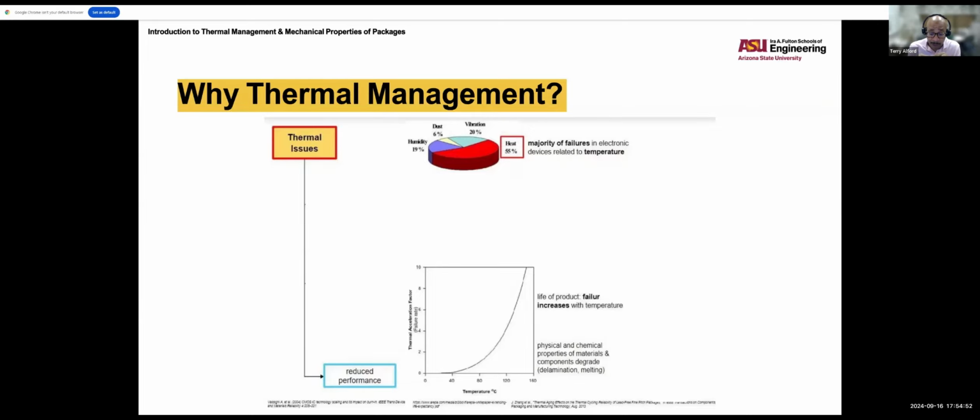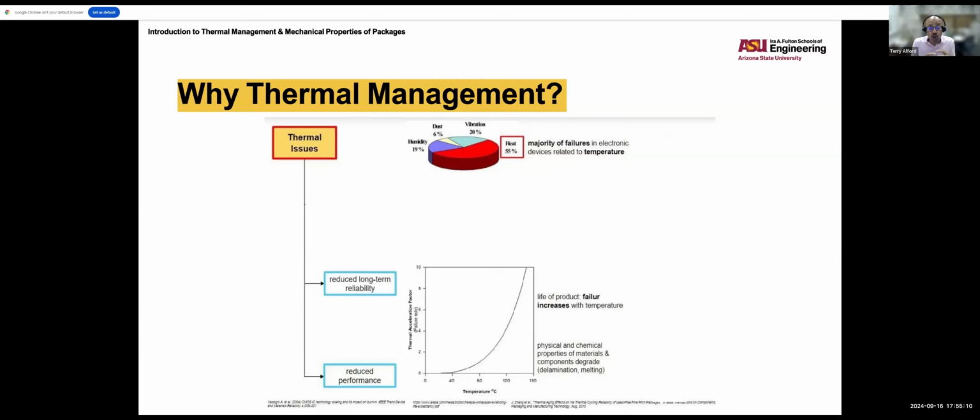We'll lose delamination. We'll introduce stress cracks. We can actually even get melting in some cases. And regardless, it has the potential to actually reduce the lifetime of the part.